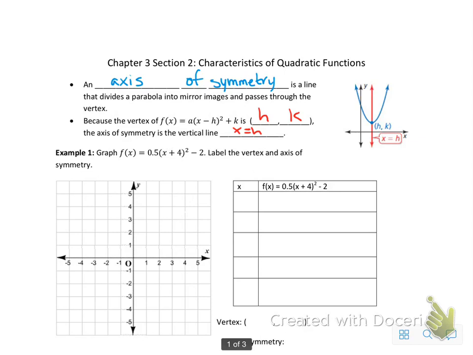Okay, so example 1 says to graph this function and label the vertex and axis of symmetry. Now there are a number of ways that you can graph something. We're used to graphing it in the calculator, and that's fine for now. But if you're going to plot points, then you want to pick good points, and whenever we graph, we need at least 3 good points.